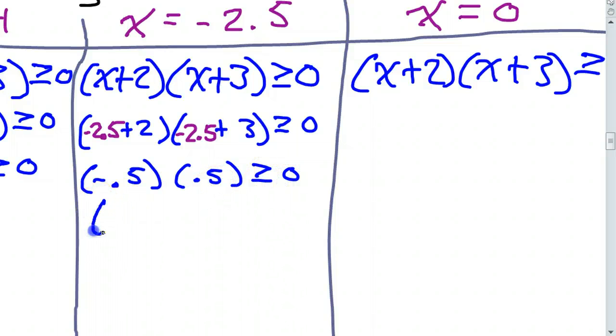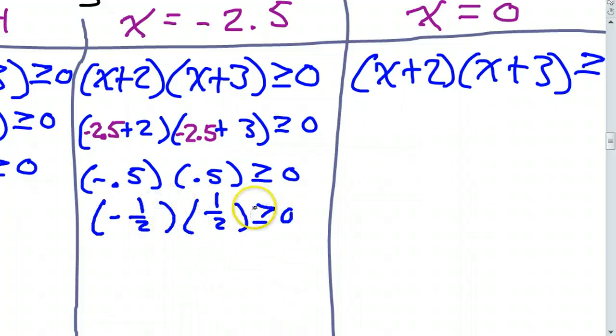Now, in my mind, I'm thinking this is negative 1/2 times positive 1/2. The most important thing is a negative times a positive is a negative. So I know this is going to be a negative something, and I could really answer the question based on that.